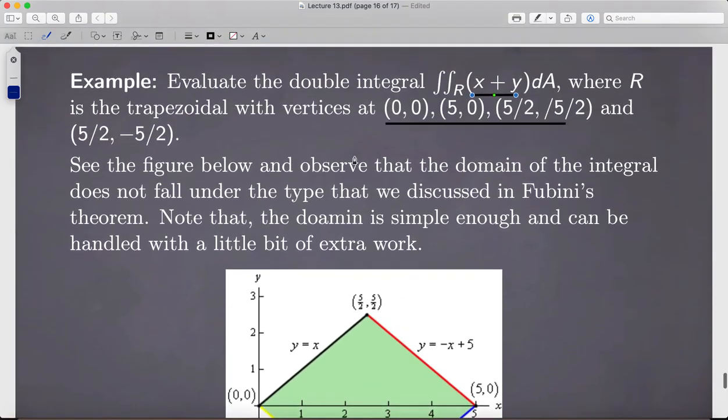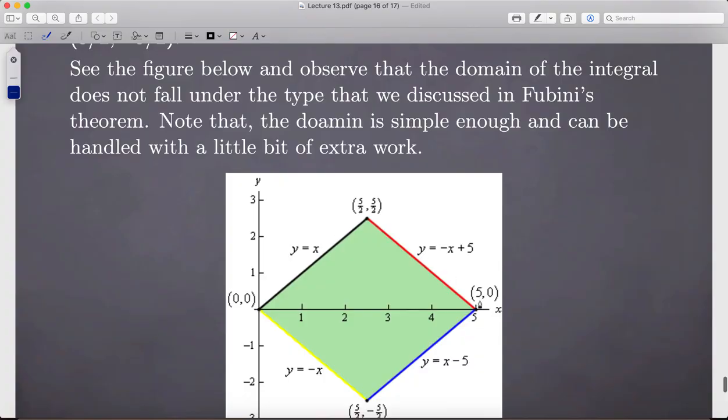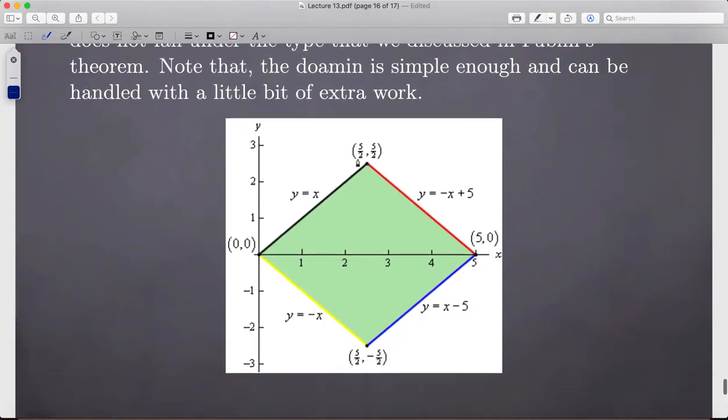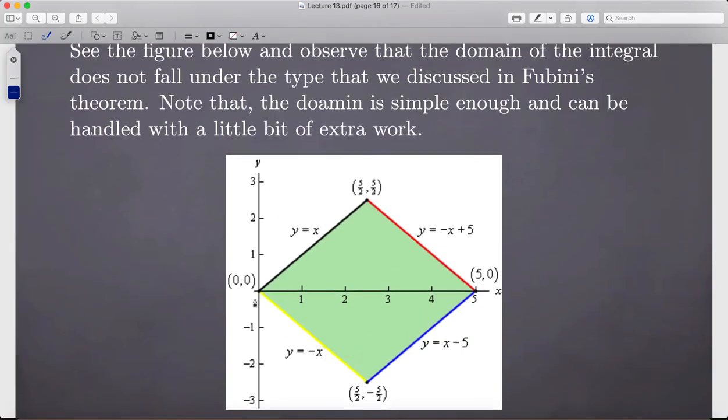First of all, you write down what this trapezoid is, which means you need to write down the sides. You can easily compute the equations of the sides, because these are the lines between these two points, and then between these two points, and so on. So you compute, and then you try to figure out that if I want to send this line to either this line or this line, what will be the transformation?